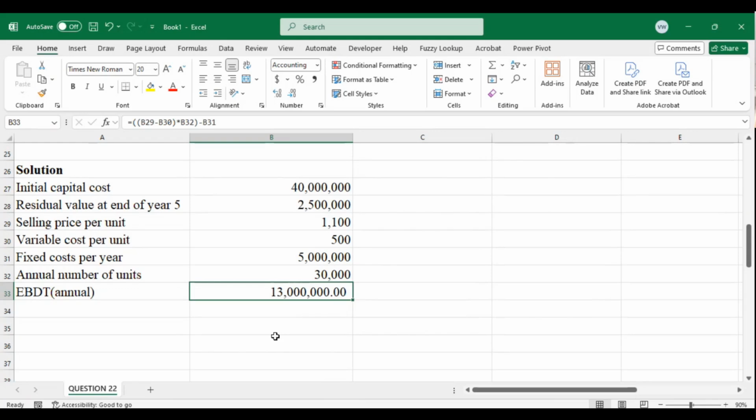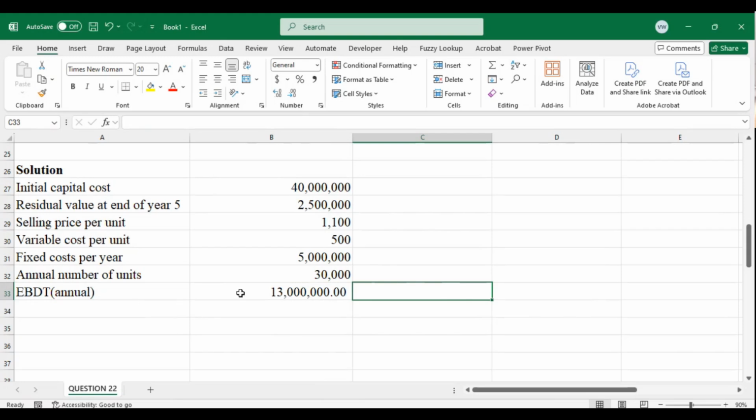So definitely if the question says ignore taxes, then it has killed that debate and you are very sure that you have to compute the NPV without considering taxes. But if you choose to introduce taxes and DTS, let me introduce them for the sake of understanding, because if I chose to ignore taxes, then these earnings before depreciation and tax will be equivalent to the net cash flow.